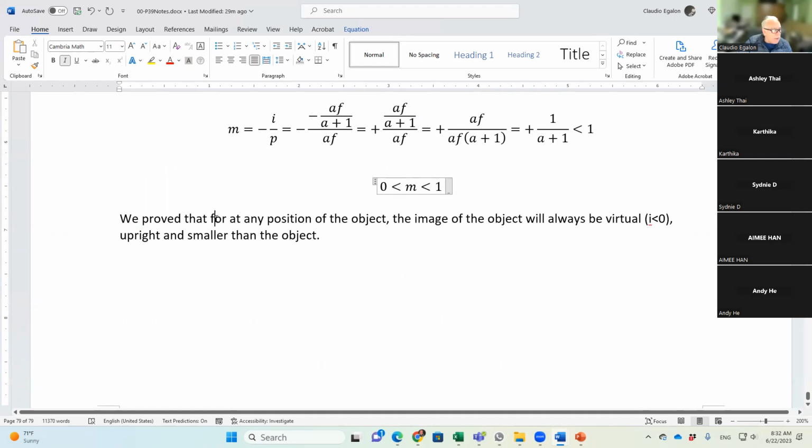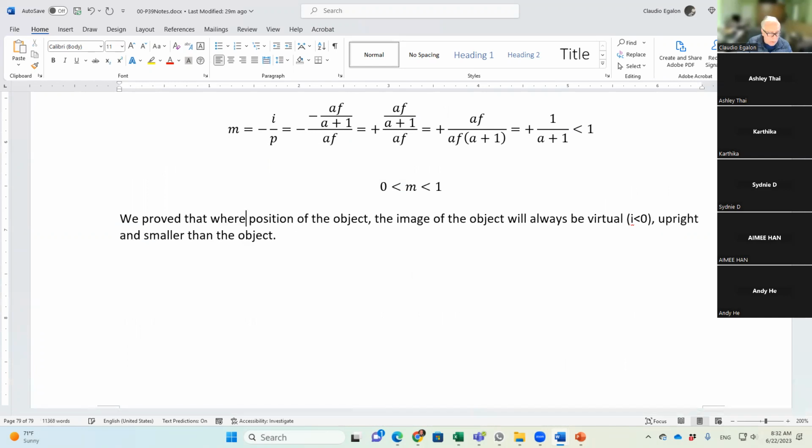And we proved that wherever the object is located in front of the mirror, the image of the object, provided of course that p is greater than 0, will always be virtual, upright, and smaller than the object.